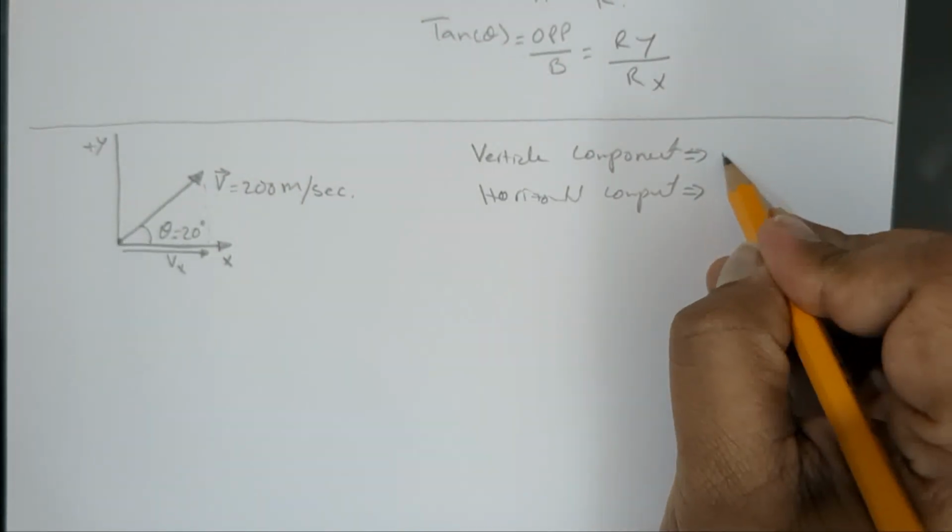So if you look at the horizontal, imagine this is the ground, right? So basically you want to know what is your ground speed, which will be your horizontal component, right? And this we will call Vx, the horizontal component of it. Okay, so let's call it Vx.